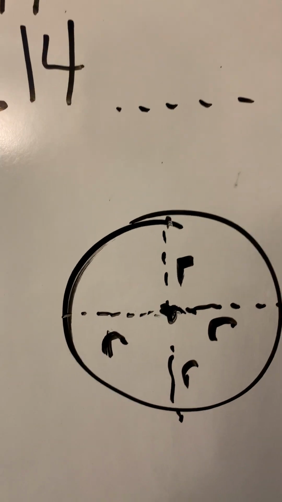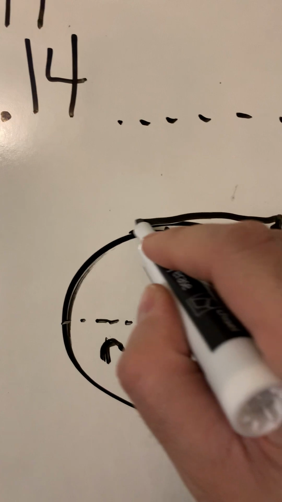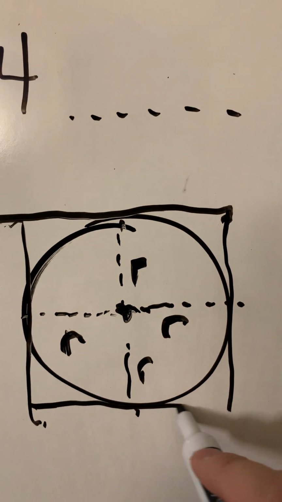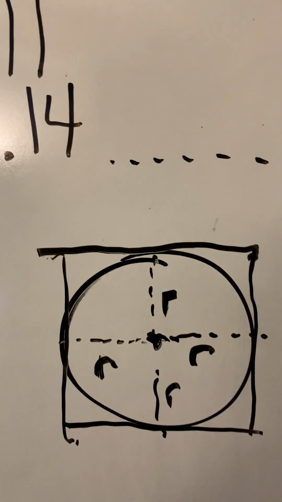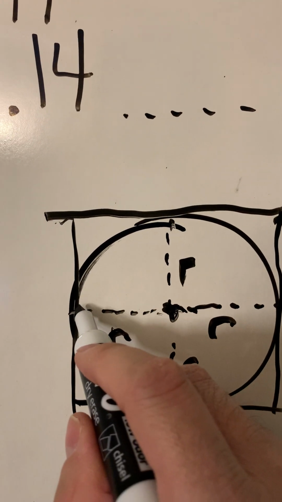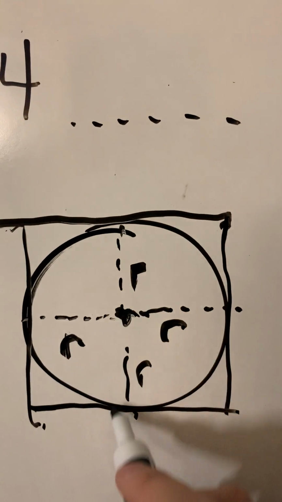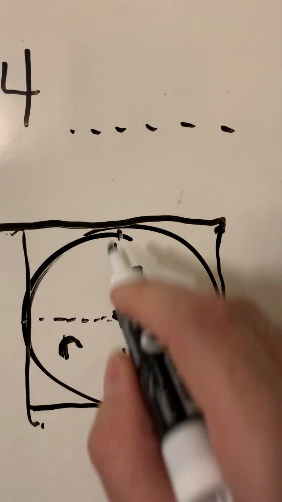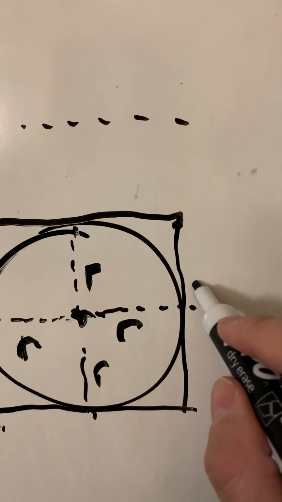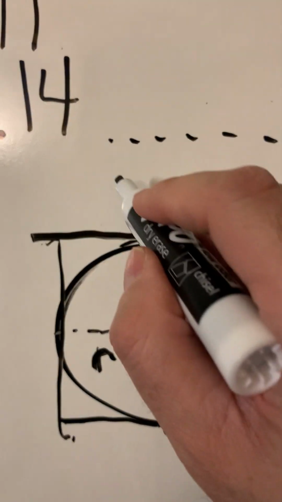So now, let's draw a box, a square, around the circle. All right, so what you notice here is I just drew a square around the circle. And if I looked at the dimensions of this square, well, the diameter of this circle, which touches the edges of the square, is r plus r, which is 2r. So this side is 2r, and this side is 2r.